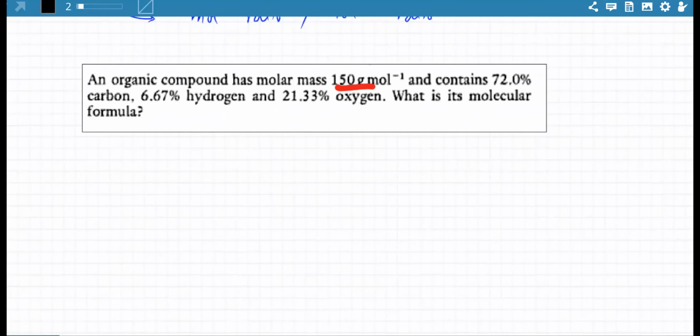Empirical formula gives you the simplest ratio. Remember, empirical formula gives you the simplest ratio. Now they've told us that the MR is 150. For glucose, the actual formula is C6H12O6. But if you do the whole calculation and the empirical formula stuff, you always get the simplest ratio.